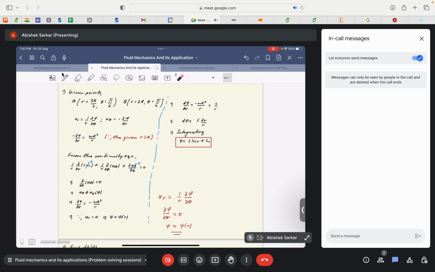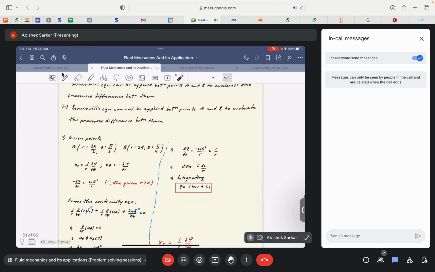Since theta has no role in defining the equation for the streamline, the streamline only depends on the radial distance from the center of the tornado.